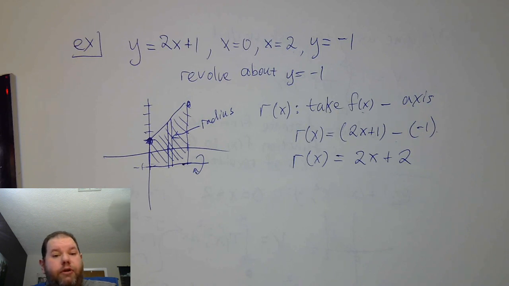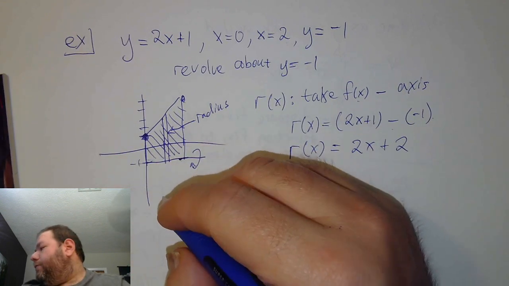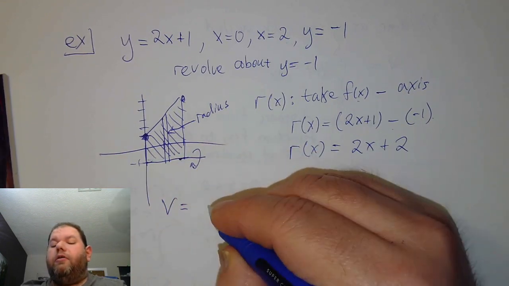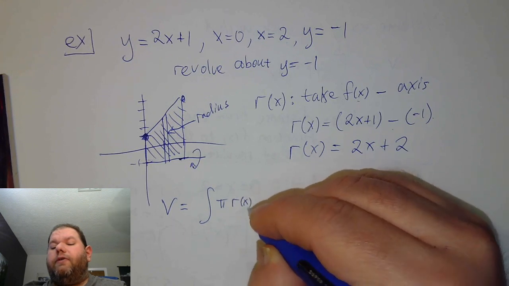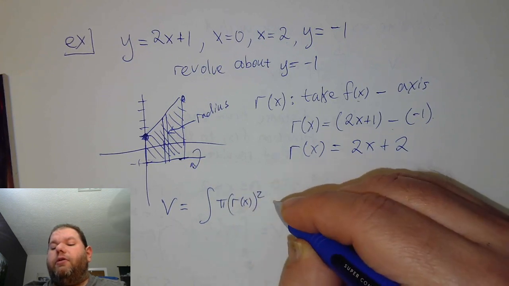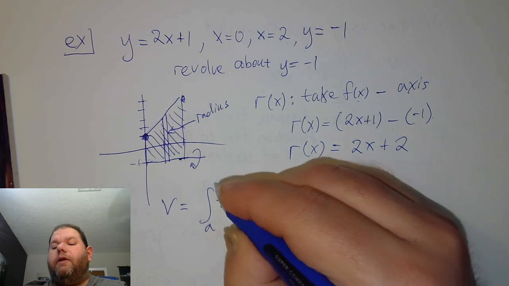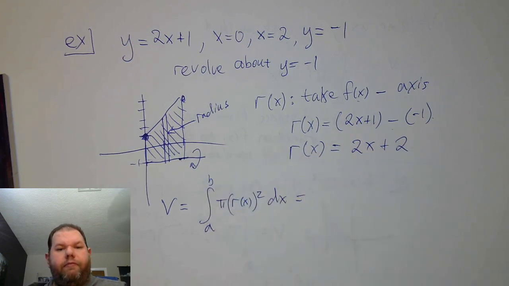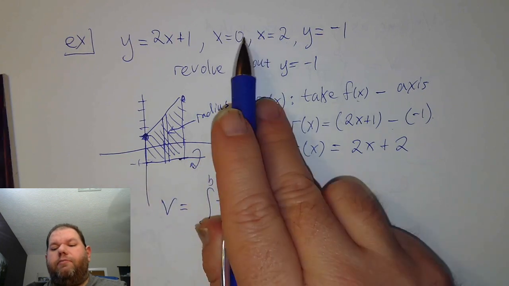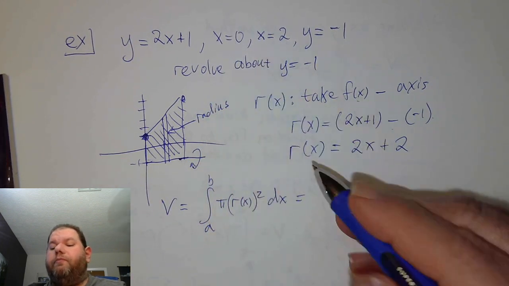From there, we can go ahead and set up our integration for the volume. Again, volume is pi times r of x squared dx from a to b. A and b are just the left and right endpoints, which are given in the problem, 0 and 2.